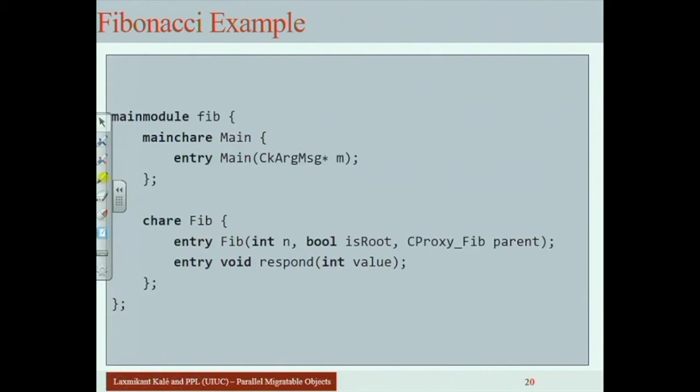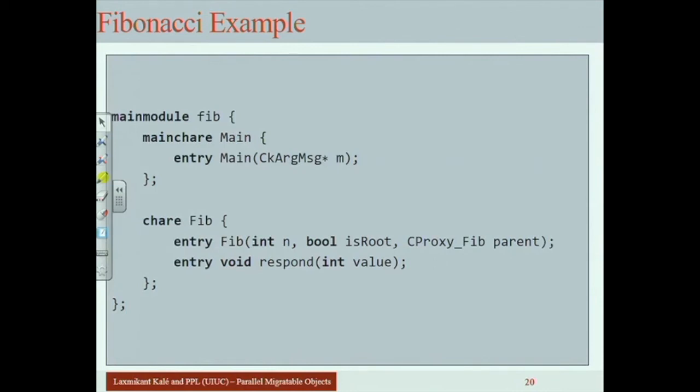A chare will be created for calculating Fibonacci of 29, which will create two chares for creating fib of 28 and 27. And that 27 will create two for 26 and 25. Those two, when they finally find the value, will send it to the parent, which is the Fibonacci calculating Fibonacci of 23, whatever that was, and so the values are going to come up the tree.